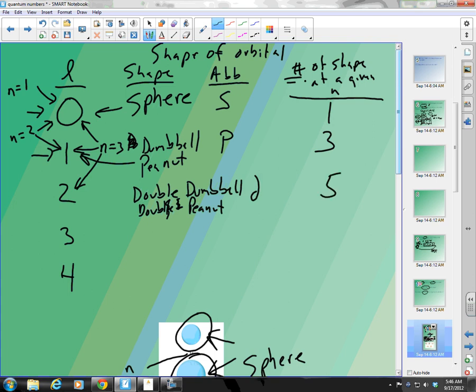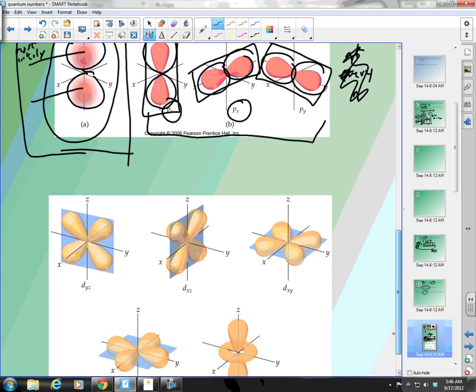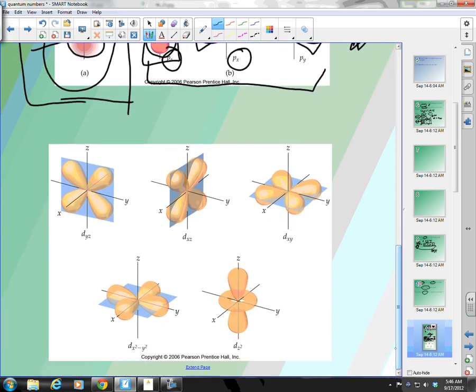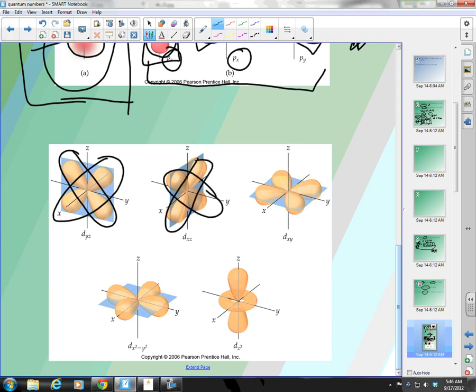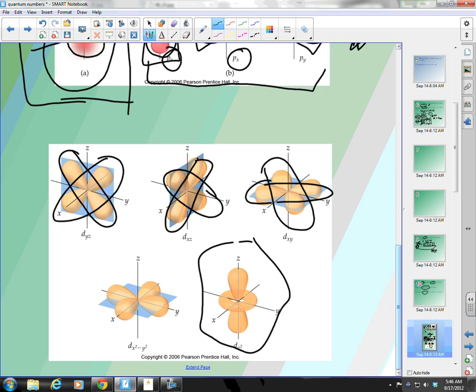of those. And what do we mean by double peanut? It's kind of like a peanut in this direction and a peanut in that direction, or a dumbbell in that direction and a dumbbell in that direction, and so forth until we get to the Homer Simpson, right? Which is really what? Peanut, donut.